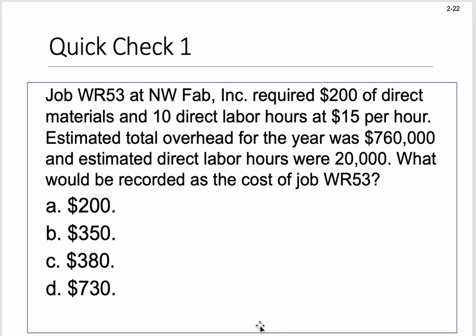What would be recorded as the whole cost of job RW53? Now we have to calculate this out, right? How do we do that? Very, very simple. Bear with me here for a second.